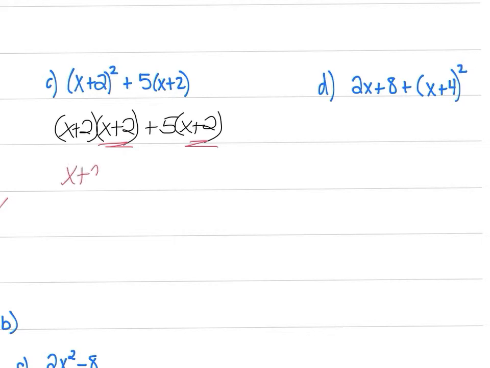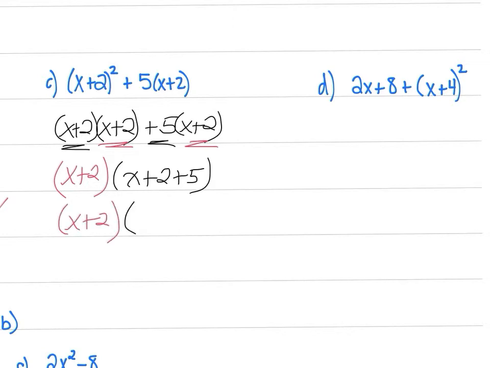And in red here, that represents those 2 I've underlined in red. In my other parentheses, I need to use the rest up. I'm going to need to account for all these other factors. So I just list them. I'm adding them together, x plus 2 plus 5. I'm going to keep bringing out my x plus 2, and I can simplify what's in here, and I get x plus 7. That's my final answer.